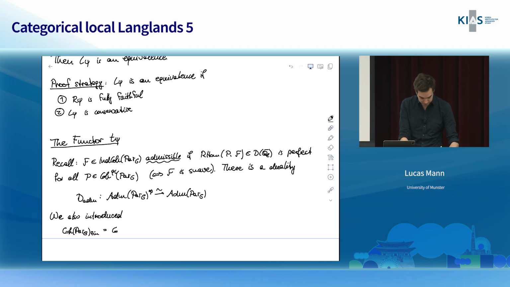This was the intersection of coherent and admissible sheaves. And there was another description which will be really crucial today.